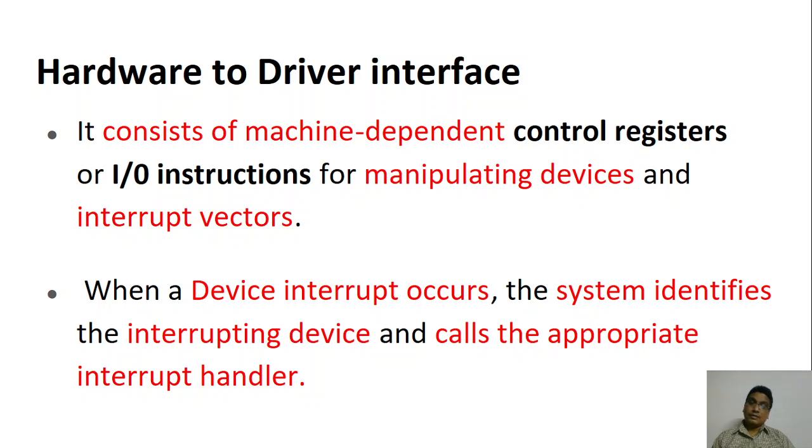Whenever you press a key on your keyboard, the keyboard is going to generate an interrupt. Whenever you move a mouse, the mouse is going to generate an interrupt. Okay, this is called a device interrupt. When such a device interrupt occurs, the system identifies the interrupting device and calls the appropriate interrupt handler.